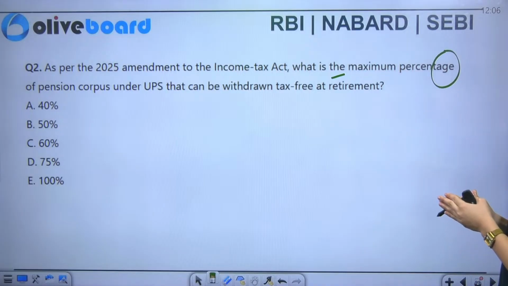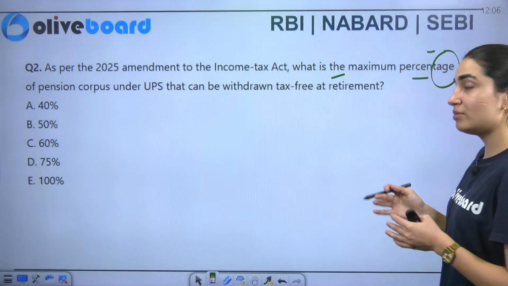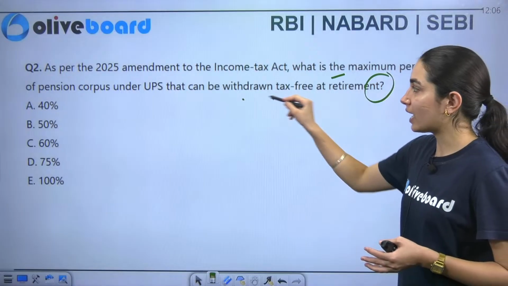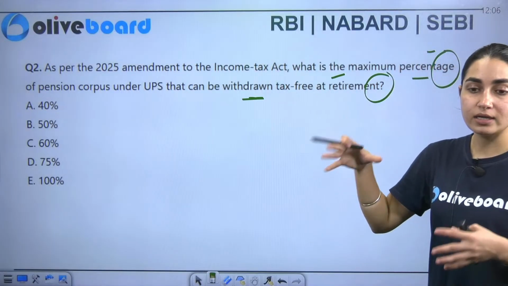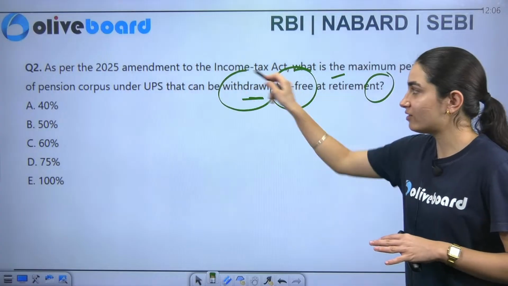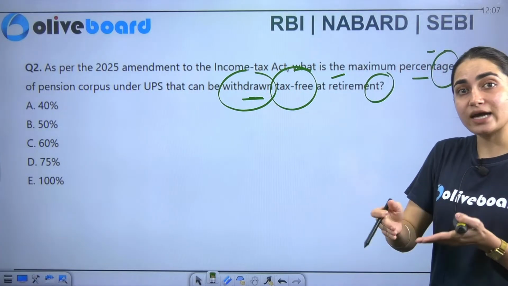As per 2025 amendment to the Income Tax Act, what is the maximum percentage of pension corpus under UPS that can be withdrawn tax free at the retirement? Now remember, I'm here asking about the withdrawal part, that is tax free, whatever amount you are withdrawing, how much amount is tax free?